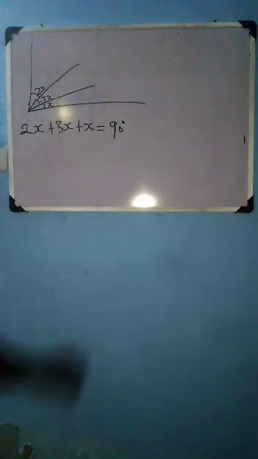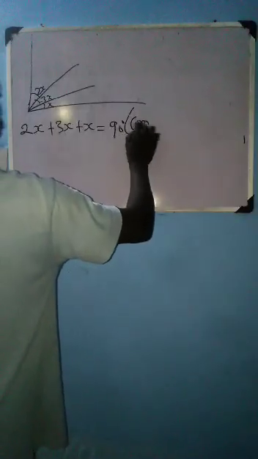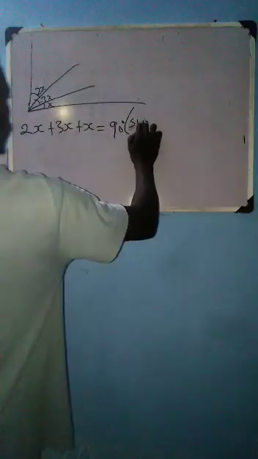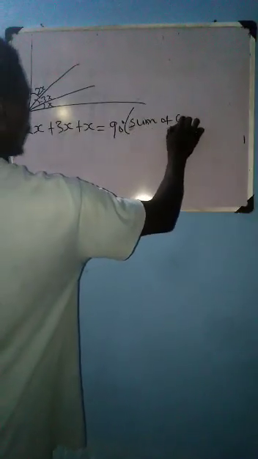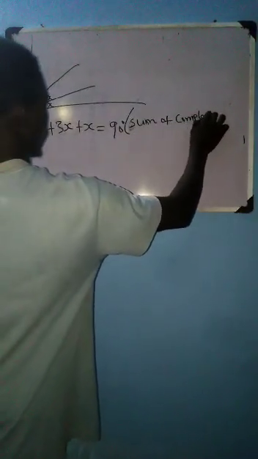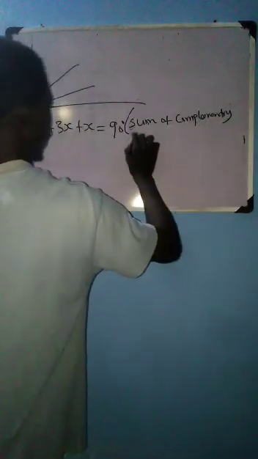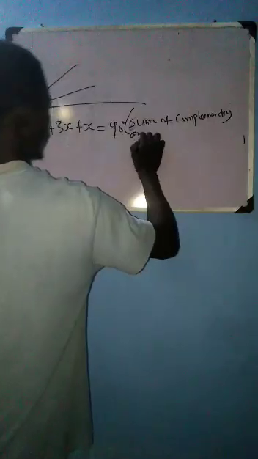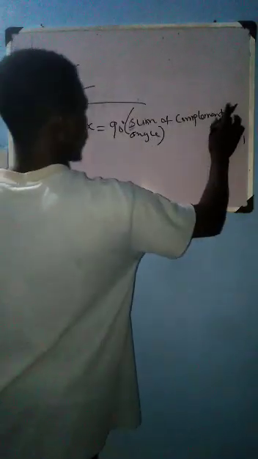So the solution is going to be 2x plus 3x plus x equal to 90 degrees. This is 90 degrees totally. Why? Sum of complementary angle.